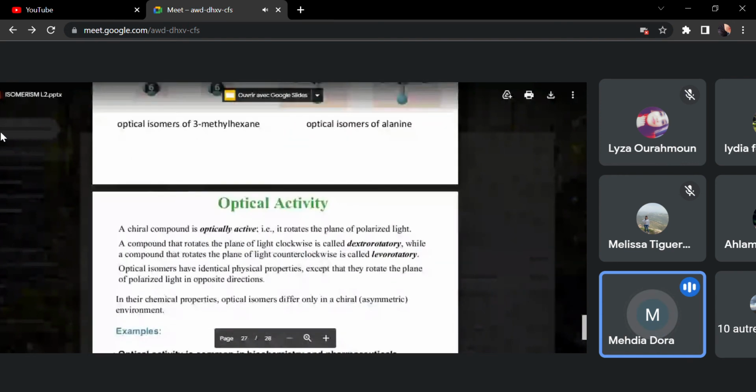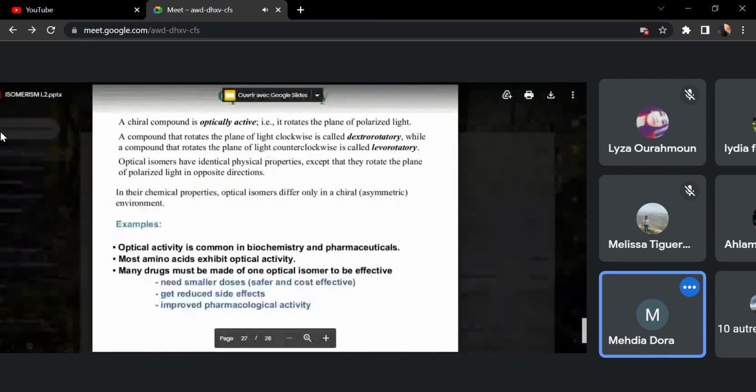So we have here, we are going to speak about the optical activity. The optical activity is very interesting and very important. When we talk about dextrorotatory or levorotatory molecules, it's about an optical activity, and we need it in a lot of fields like biochemistry and pharmaceuticals.